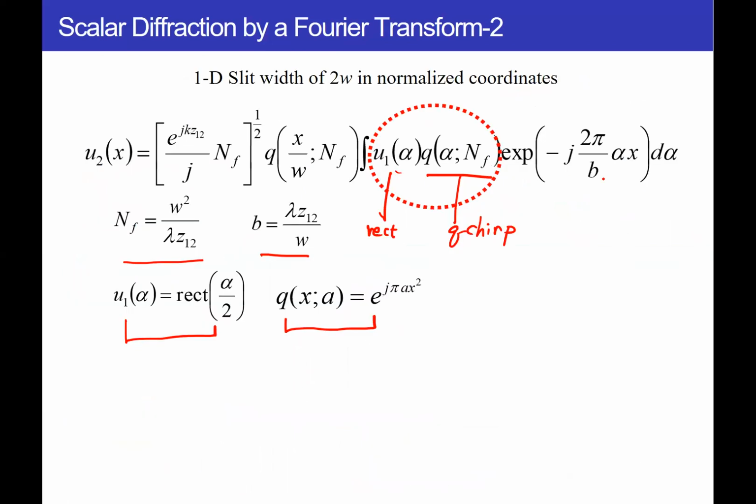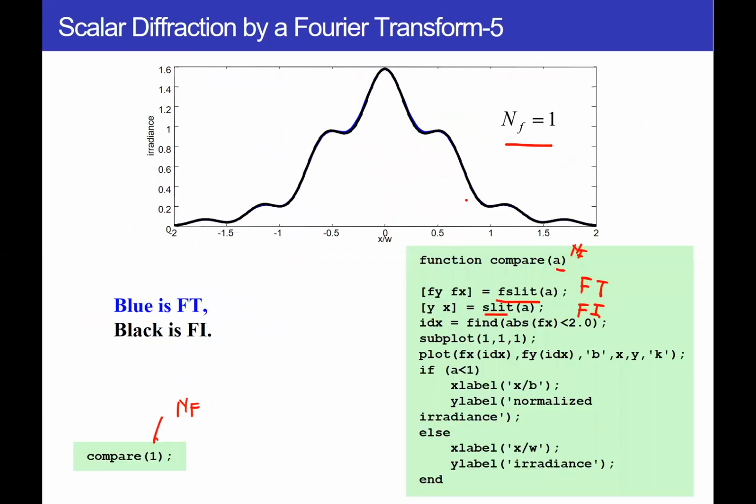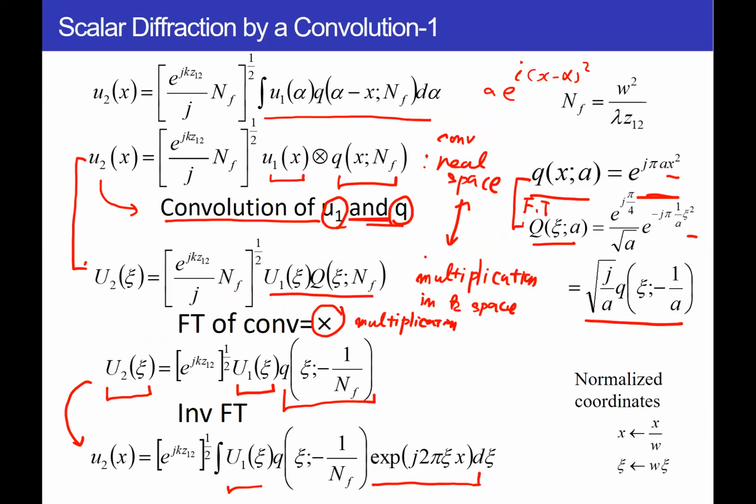Remember that we were doing the Fourier transformation for the field at the aperture plane with the quadratic phase. But now in this case, we have a Fourier transform of the field at the observation point, and then the quadratic phase, and we do the inverse Fourier transformation, okay?